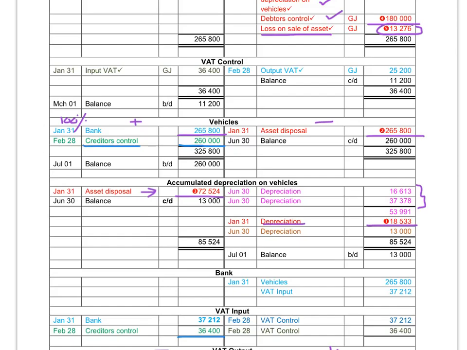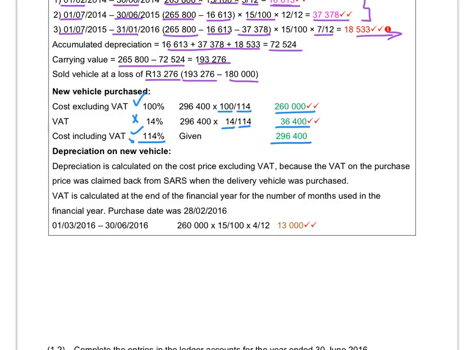Now we are at the end of the year and we have to calculate depreciation at the end of the year. Depreciation is always calculated on the cost price excluding the VAT, because the VAT doesn't belong to the business. We claim that back from SARS. So this new vehicle we bought on the 1st of March, the end of the financial year is 30 June.